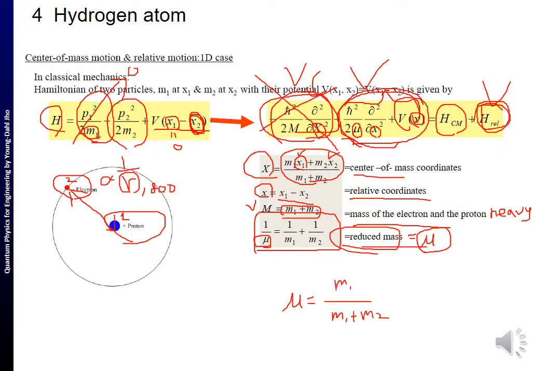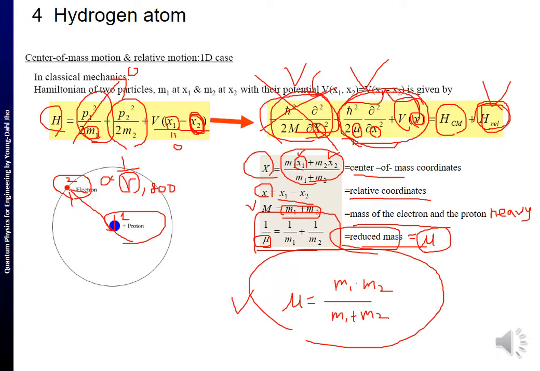So the key issue here is when two particles with mass 1 and mass 2 are coupled by Coulomb attraction, the problem is changed to a single particle problem of mass mu.